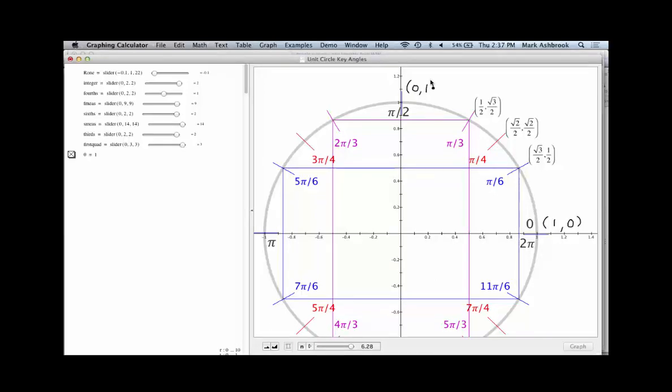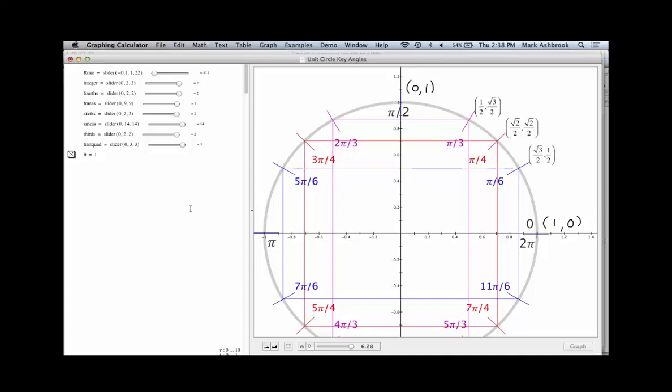Okay. All right. So these are the cosines and sines, the coordinates of the key angles just in the first quadrant. But by symmetry, we just got them all, right? Because by symmetry, the distance above or below the horizontal axis is the same.